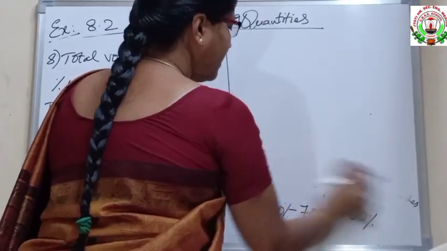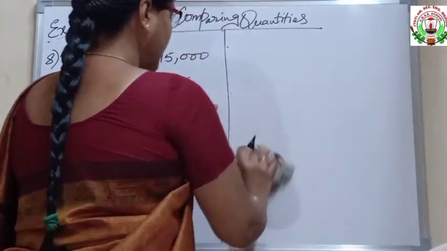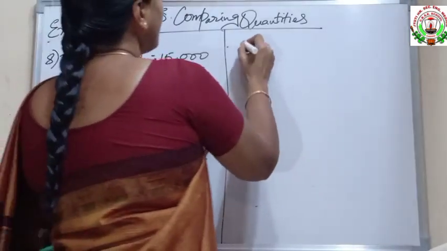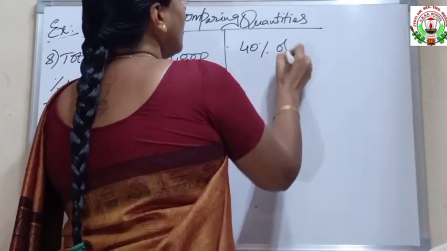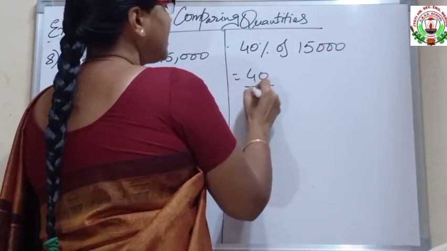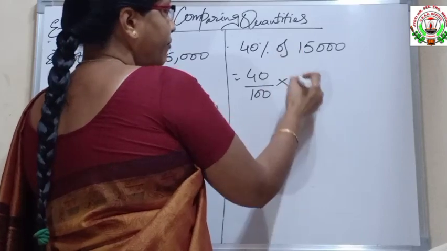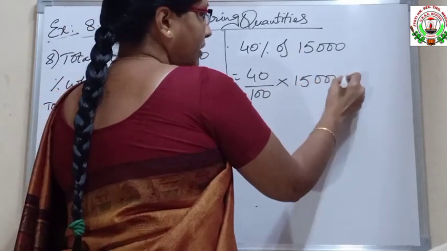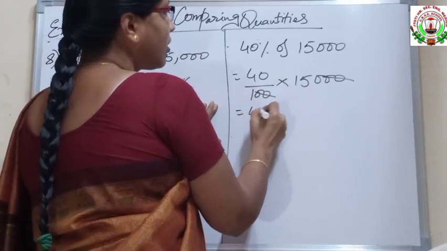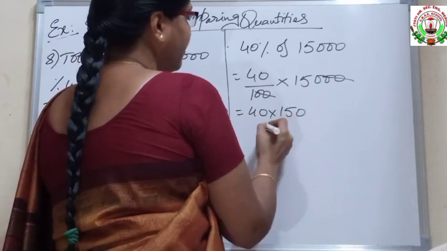So this will be 40% of 15,000. 40% means 40 by 100, of means into 15,000. So these two zeros got cancelled. So 40 into 150.